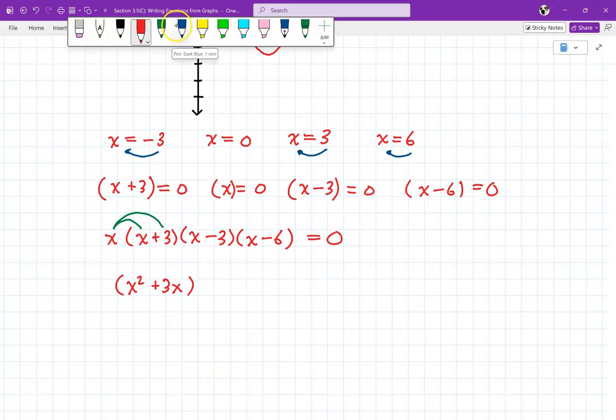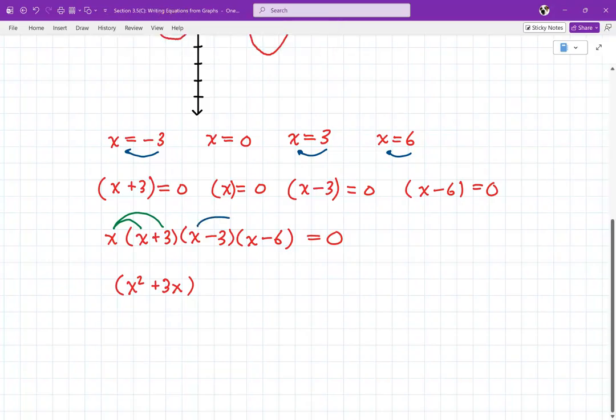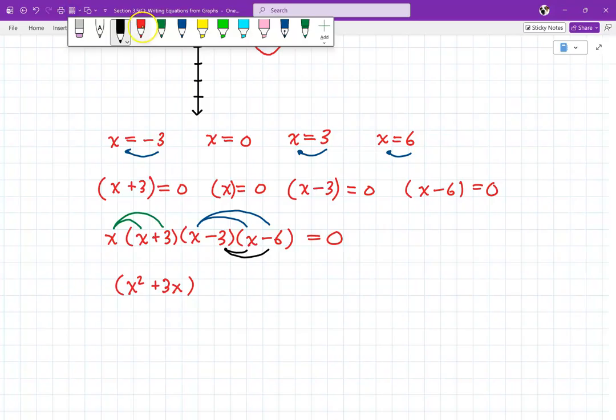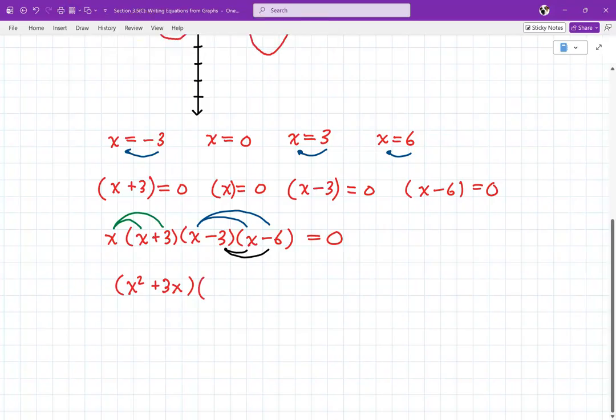So here we go. X times x, x times negative 6, and then negative 3 times x, negative 3 times negative 6. X times x, that's x squared. X times negative 6 is negative 6x. Negative 3 times x is negative 3x.